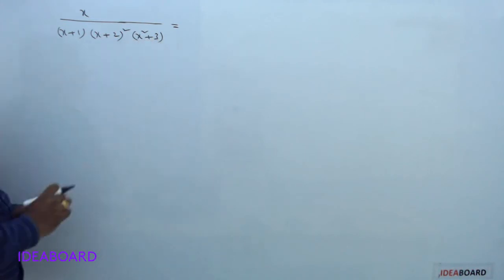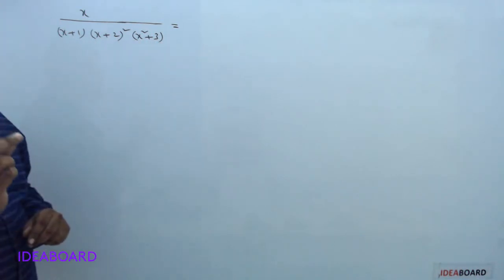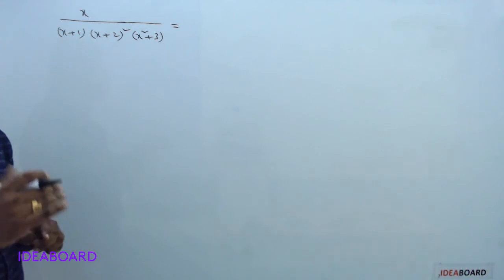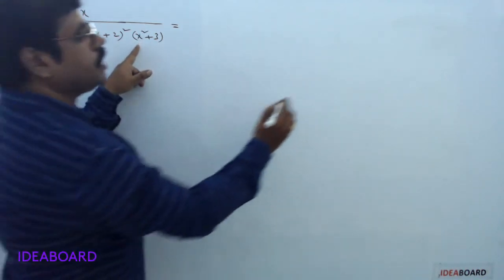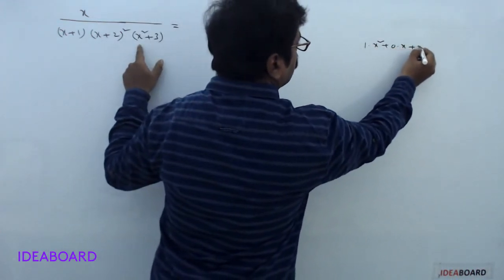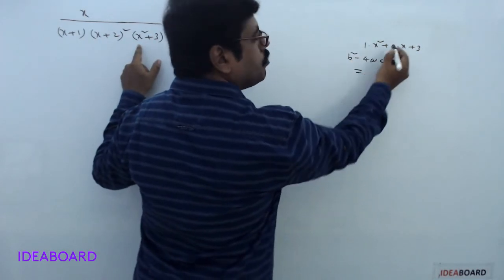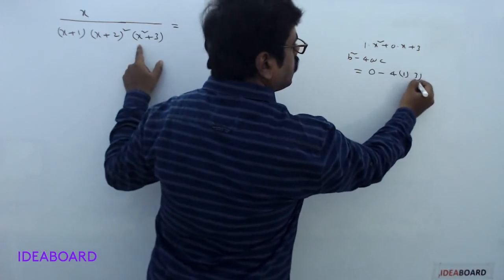Then x square plus 3 is a second degree expression. Whenever a second degree expression is visible, first you find out the discriminant value of that expression. So it is 1 into x square plus 0 into x plus 3. What is its discriminant value? b square, 0, minus 4ac.